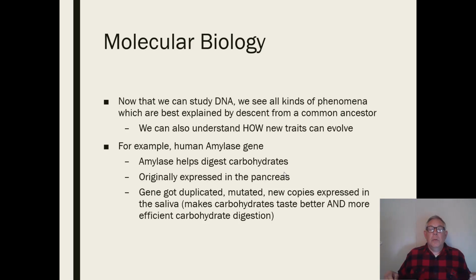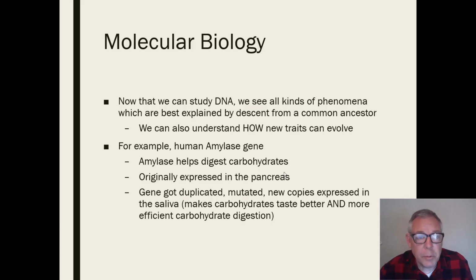And so, not only can we see how organisms are related, because we're understanding how DNA works, we can talk about how new traits can evolve. How do genes mutate? How can you change a gene and get a completely new trait, which natural selection can then act upon? And so this is a whole fascinating new field of evolutionary biology.